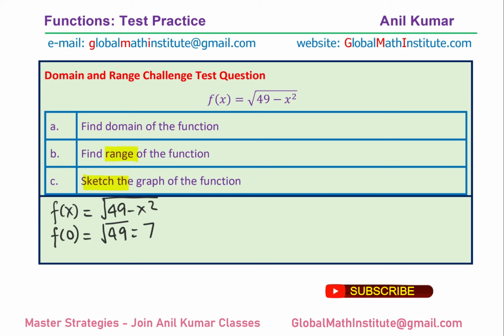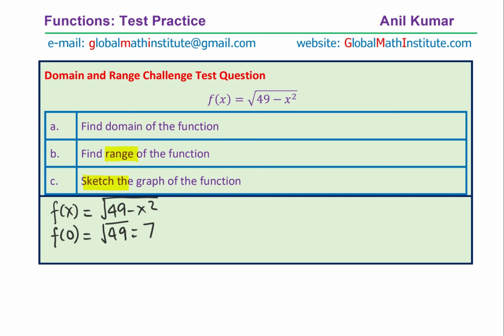Correct? You also see that this particular function is also even. You understand even? Means we also consider that f of minus x is equal to f of x, correct? So that means this function is also even, right?